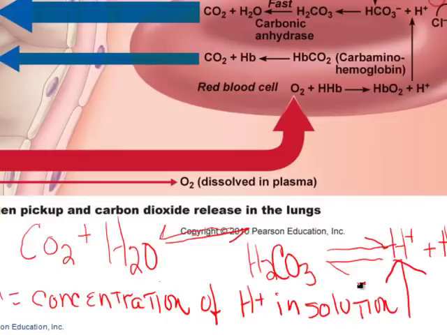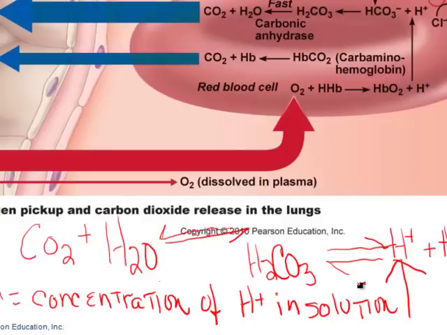Remember when we talked, and this is like way brush off the brain cells, when we talked about hydrogen and hydroxide ion concentration in solution? Remember H2O can break down into hydrogen ions and OH ions. Holy moly. Okay, that's where this is all coming from.